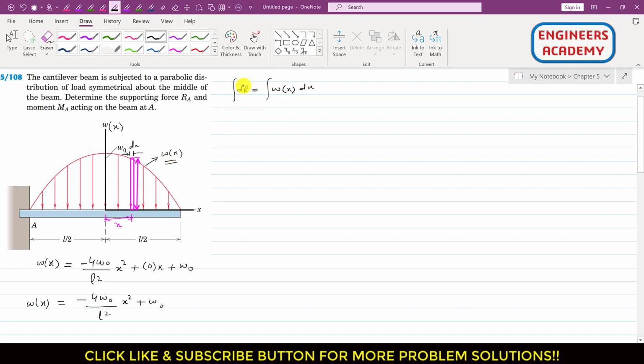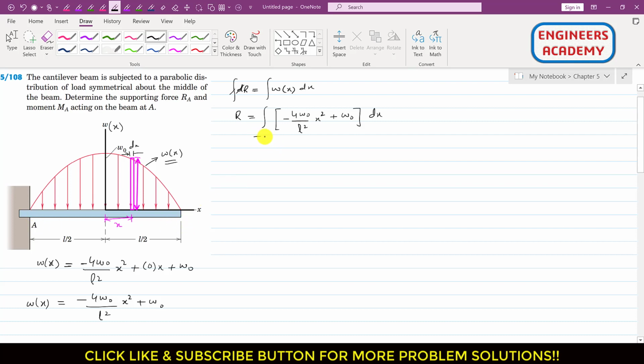So now this d will cancel out, so we will be left with r, and we know omega x function, which is minus 4 omega naught by l square into x square plus omega naught dx, and we have to integrate this from minus l divided by 2 to plus l divided by 2.